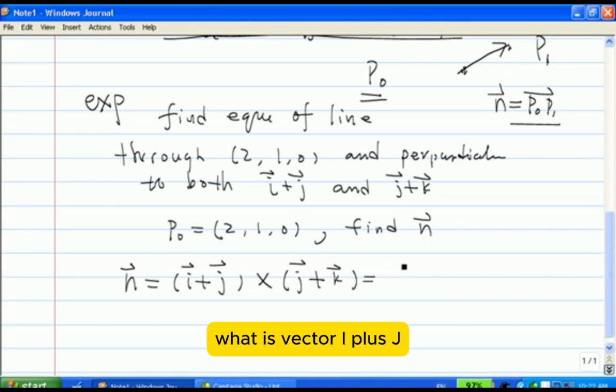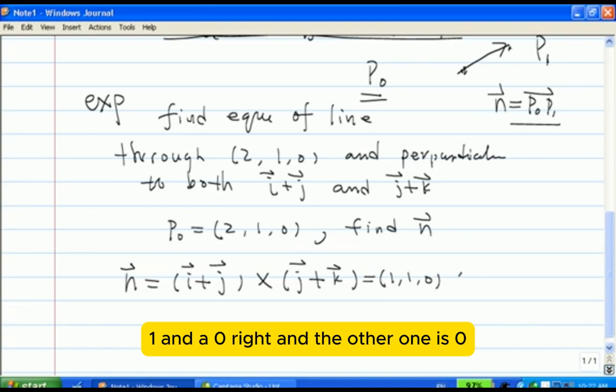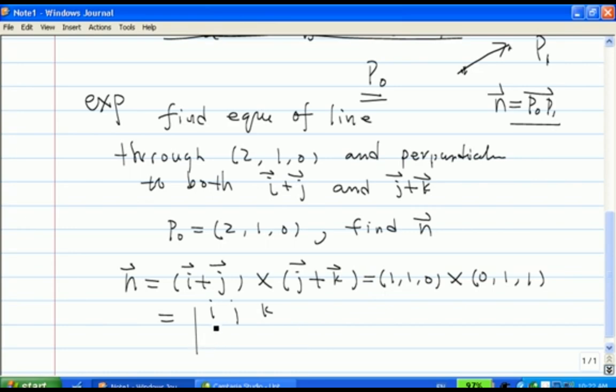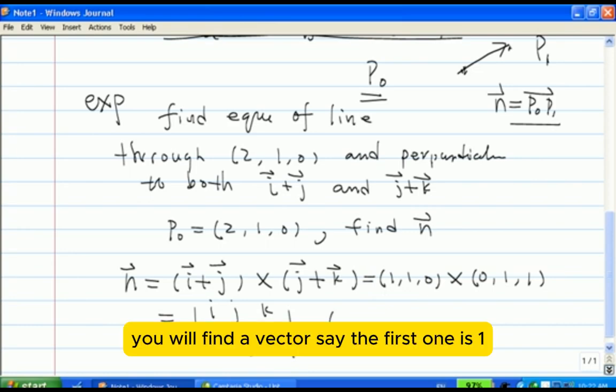What is the vector i plus j? If you write it as a triple, it is (1, 1, 0), right? And the other one is (0, 1, 1). Perform the cross product: i, j, k for 1, 1, 0 and 0, 1, 1. You will find a vector.